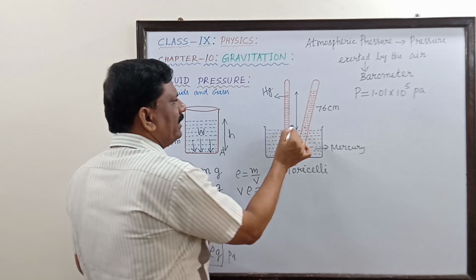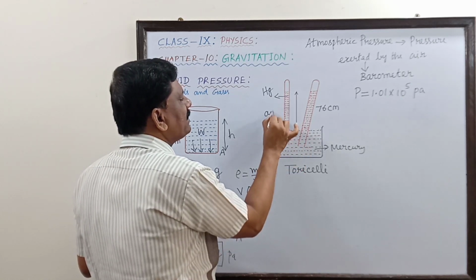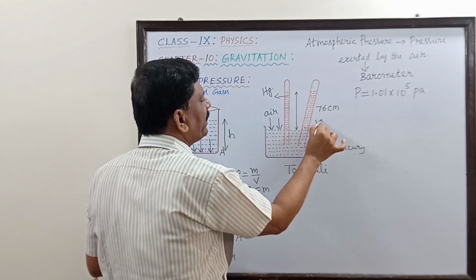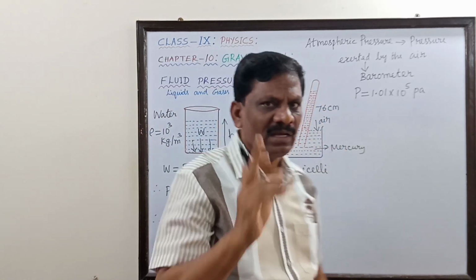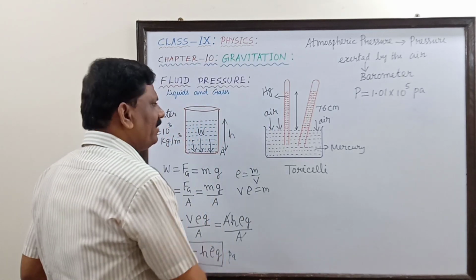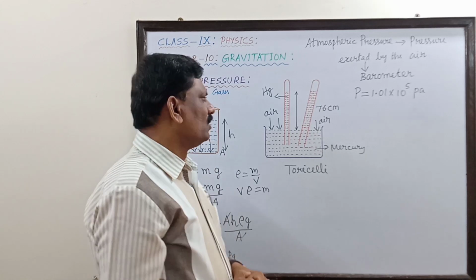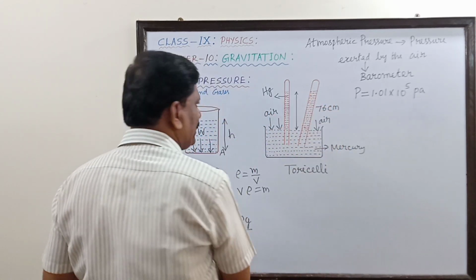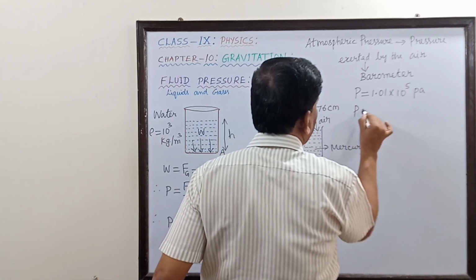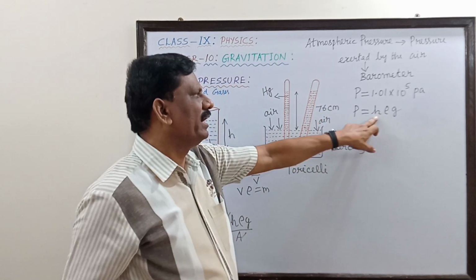Why is this mercury rising inside the tube? It is because of the pressure exerted by the air, the pressure exerted by the air in the downward direction. I told you that the air will exert pressure in all the directions, is it not? So in this, the air is exerting the pressure in the downward direction, and the pressure is given by what? h rho g.